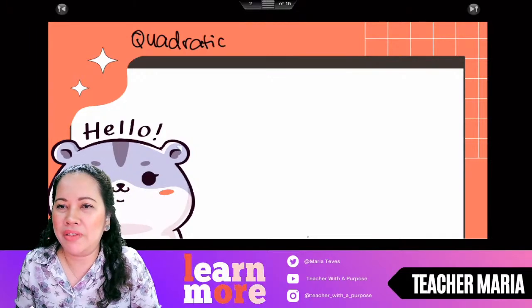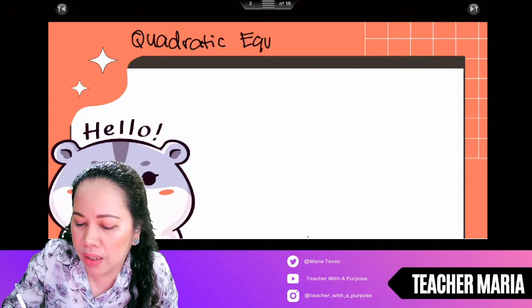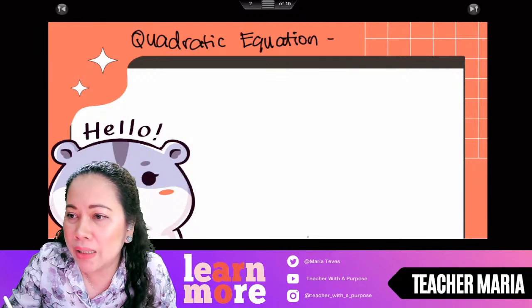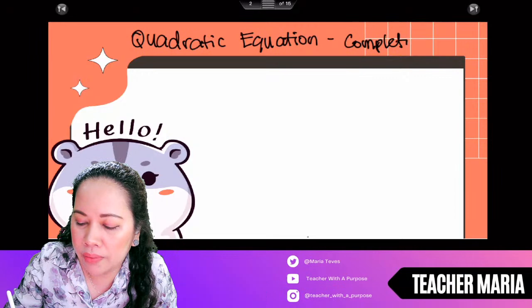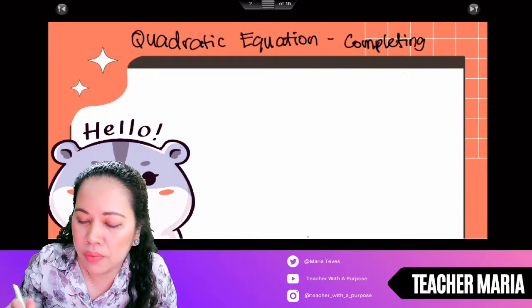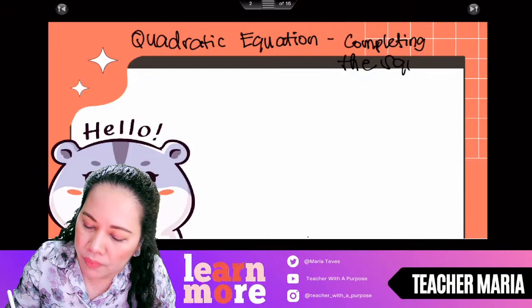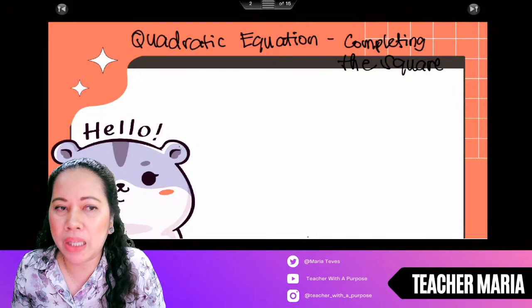Quadratic equation by completing the square.